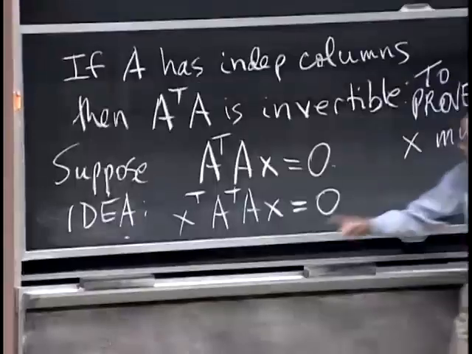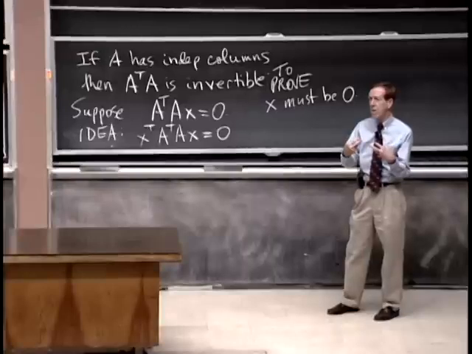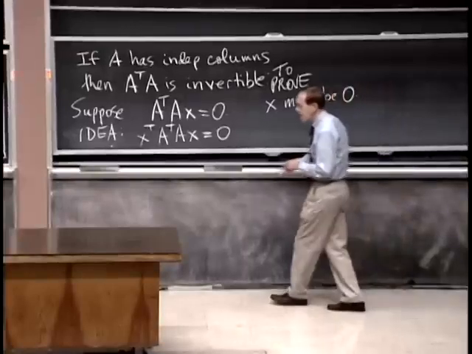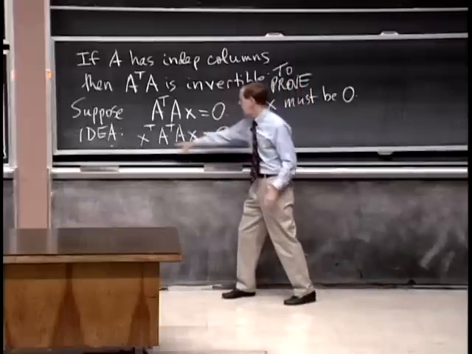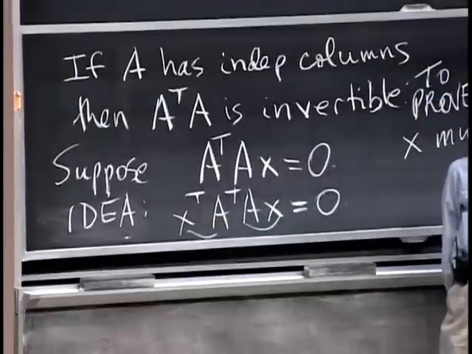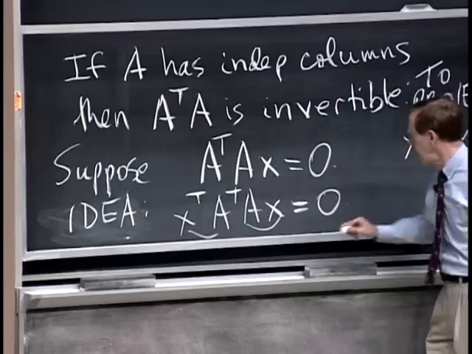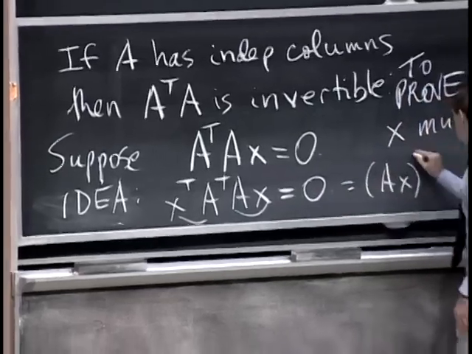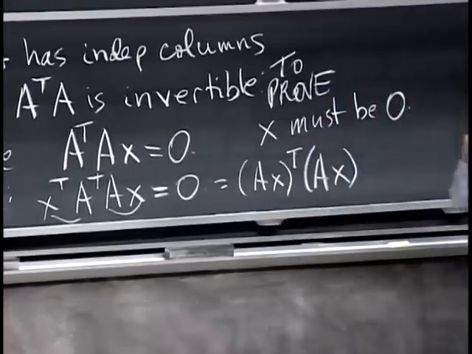What is x transpose A x? Putting in parentheses, I'm looking at Ax, and what am I seeing here? It's transpose, so I'm seeing (Ax) transpose (Ax) equaling 0.